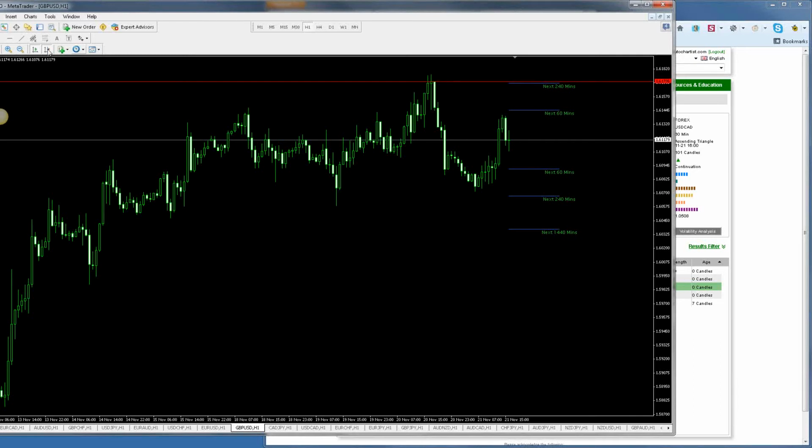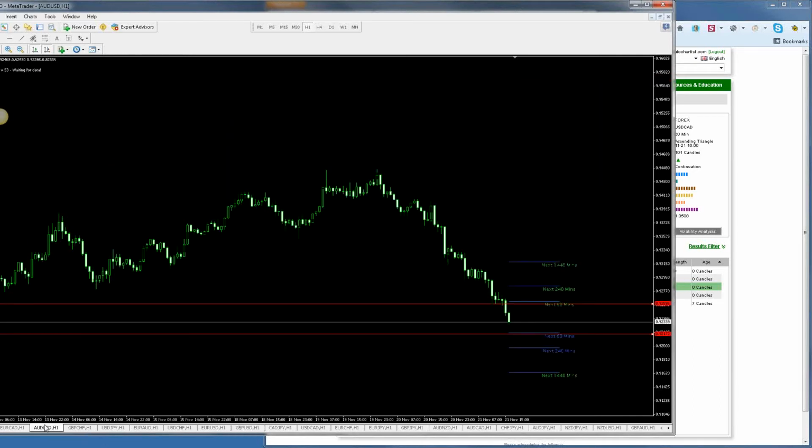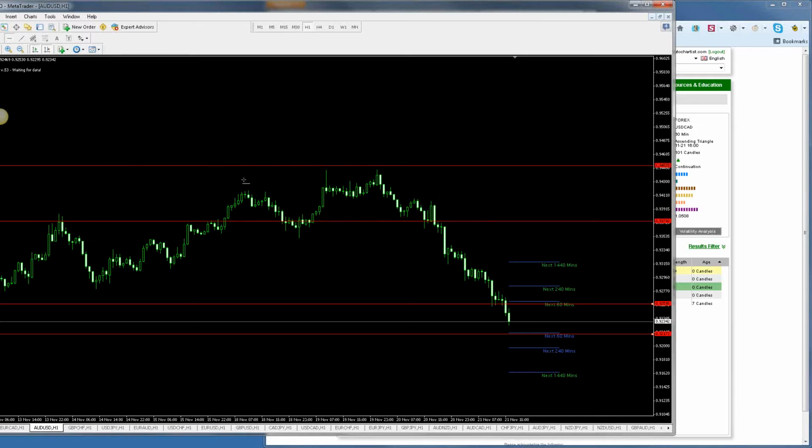So if we look at this chart over here, let's actually go to the old US dollar chart. You can see that price moves up and down, up and down. Where price swings, that's your support and resistance level. Let me just draw this quickly.